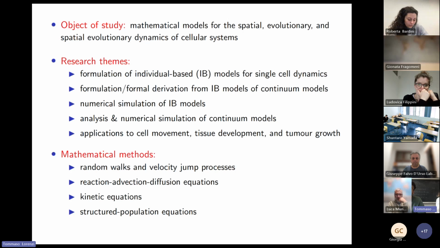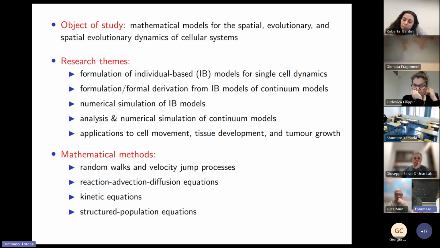The research that we carry out touches upon different aspects of mathematical modeling. On the one hand, we are interested in the formulation of individual-based models, that is, models which track the dynamics of single cells, both from the point of view of spatial and evolutionary dynamics and from the point of view of integrated spatial and evolutionary dynamics.